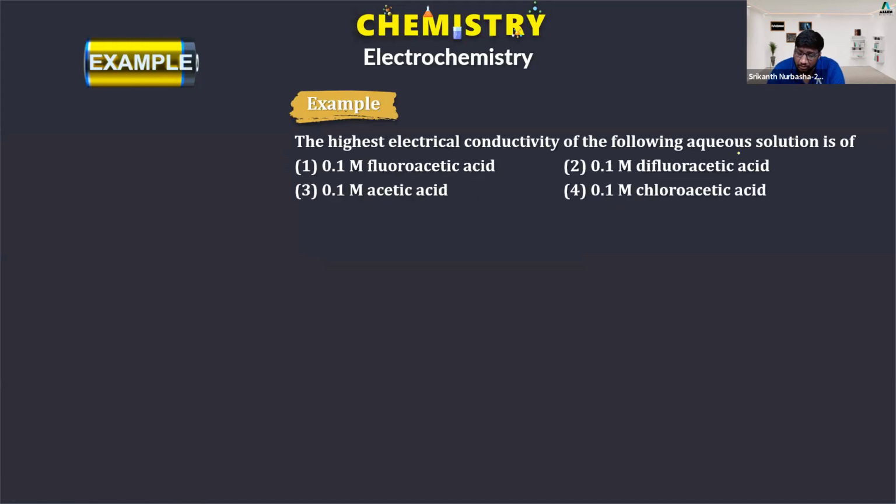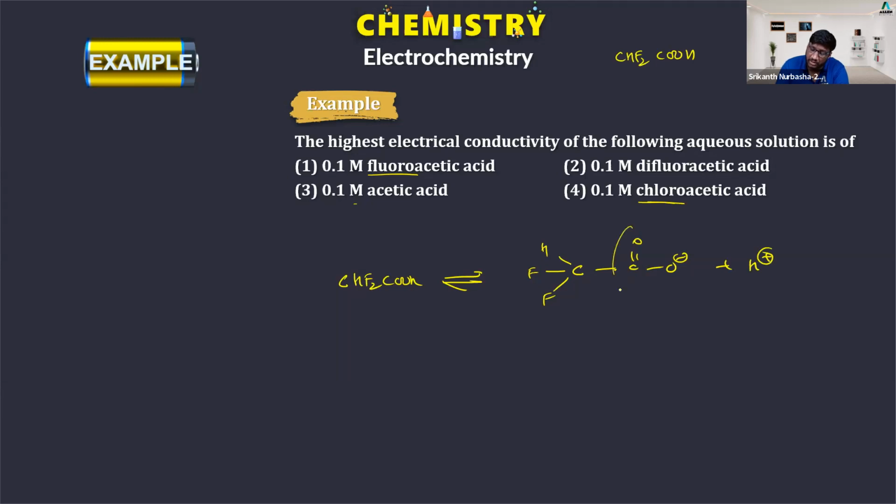The highest electrical conductivity of the following aqueous solutions is of which one? Options include acetic acid, 0.1 molar difluoroacetic acid, fluoroacetic acid, and chloroacetic acid. The others have only one electron withdrawing group, due to the inductive effect. But option 2 has difluoroacetic acid, CHF2COOH, which dissociates to give CHF2COO minus plus H plus.